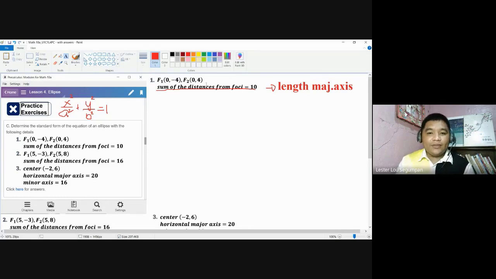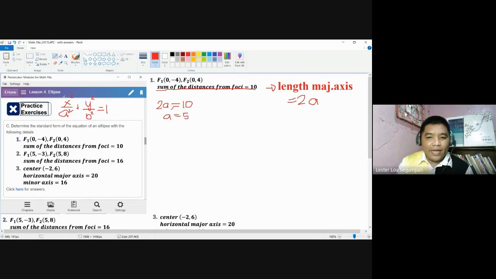The length of the major axis is given by the formula 2a, and the minor axis is 2b. So 2a is equal to 10. Divide both sides by 2, and a is equal to 5.